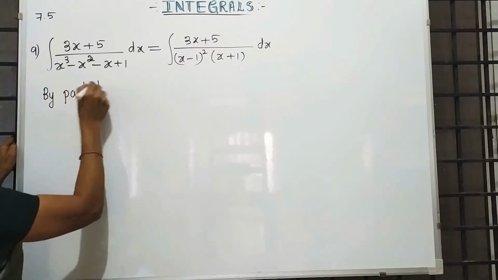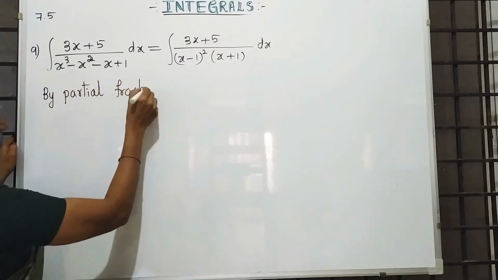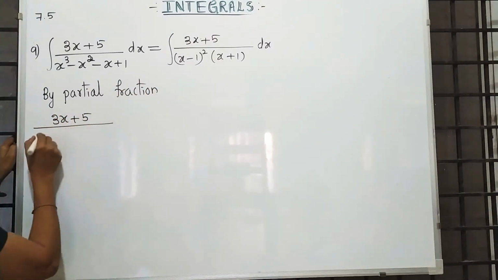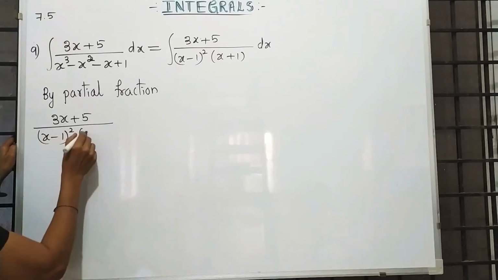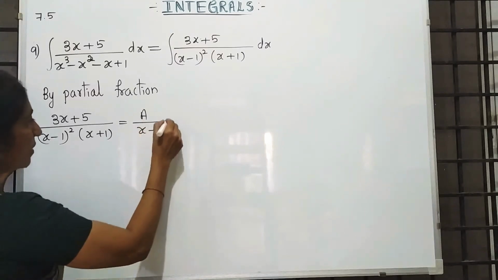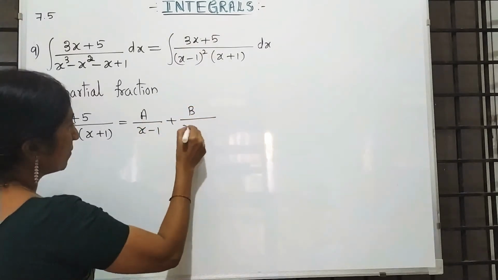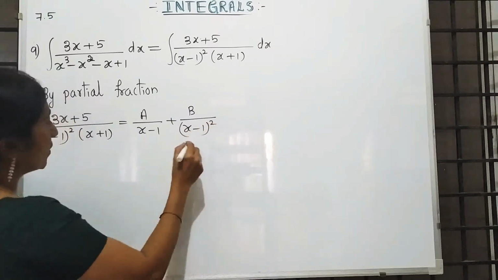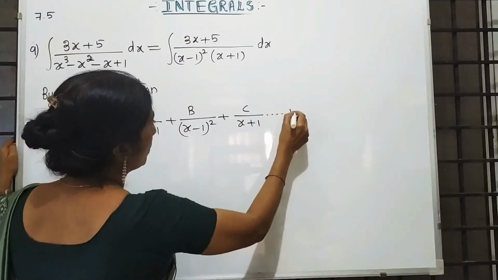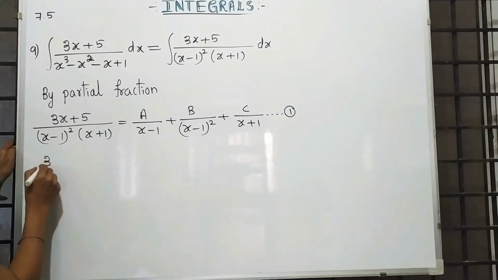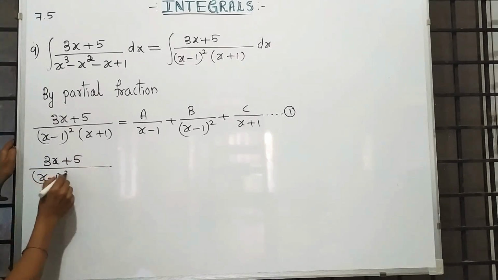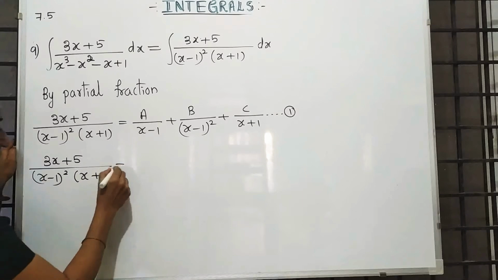By partial fraction, 3x plus 5 upon x minus 1 whole square into x plus 1 is a upon x minus 1 plus b upon x minus 1 whole square plus c upon x plus 1. This is equation 1.